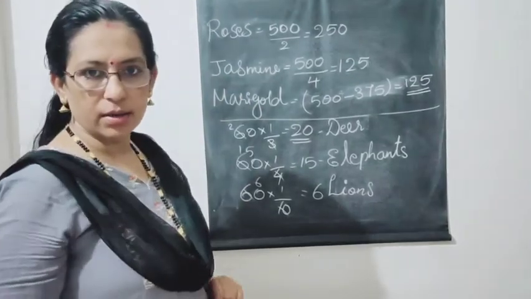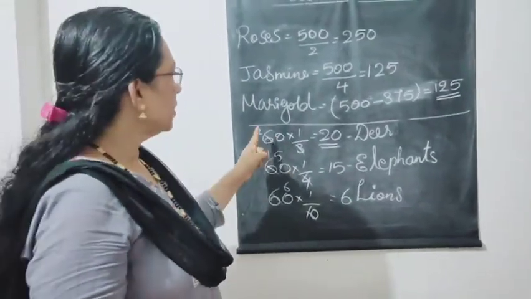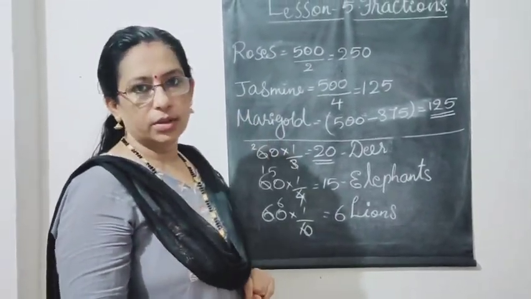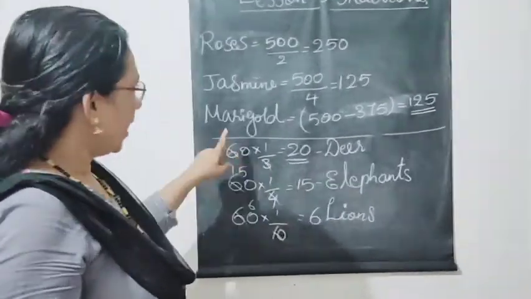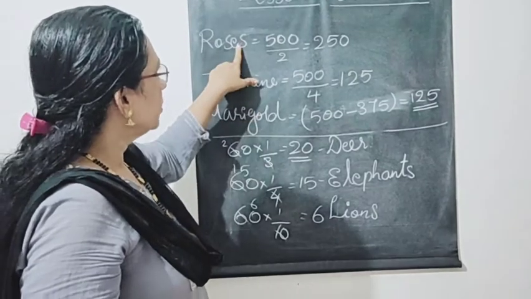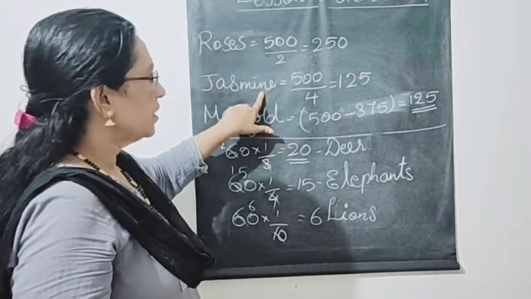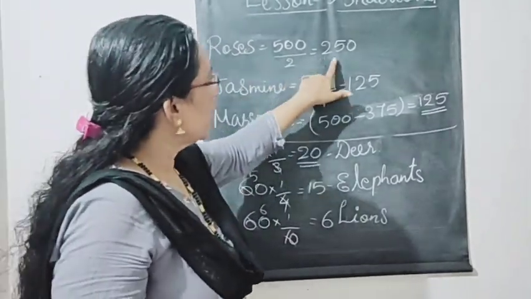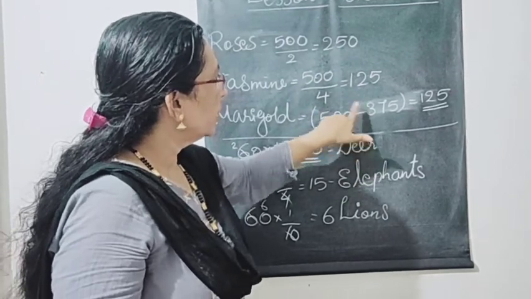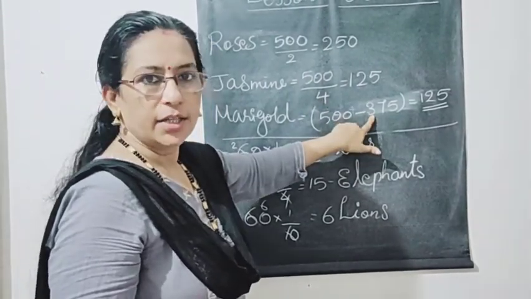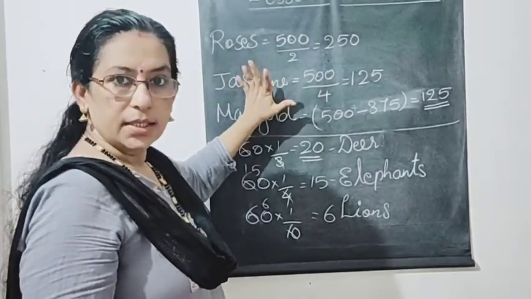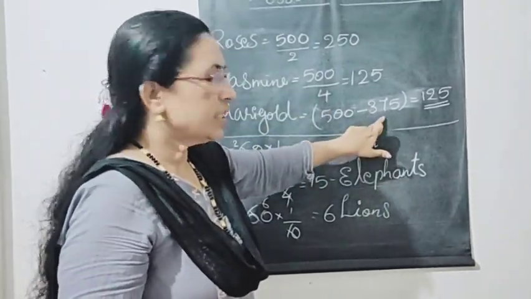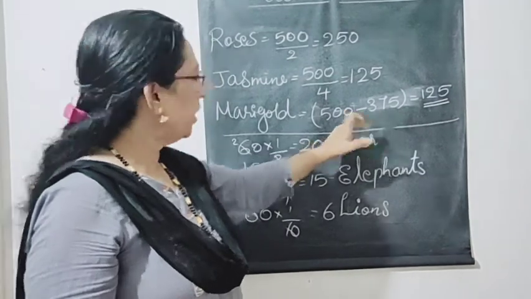125 jasmine flowers. Now the next question: the remaining are marigold. So how many marigold flowers are remaining? That means we have to find the total of roses and jasmines. Roses and jasmine are 250 plus 125, 375. 375 roses and jasmines together, we can say 375 flowers. The remaining are marigold.